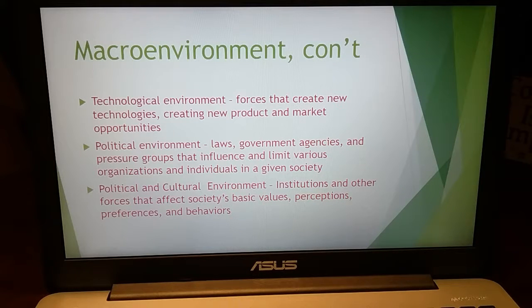I encourage you to look at it of different government regulations, child protection laws, emissions controls laws, rules about monopoly. It's in the chapter. Then political and cultural environment, things that affect our preferences and our behaviors, our perceptions, what our basic values are.